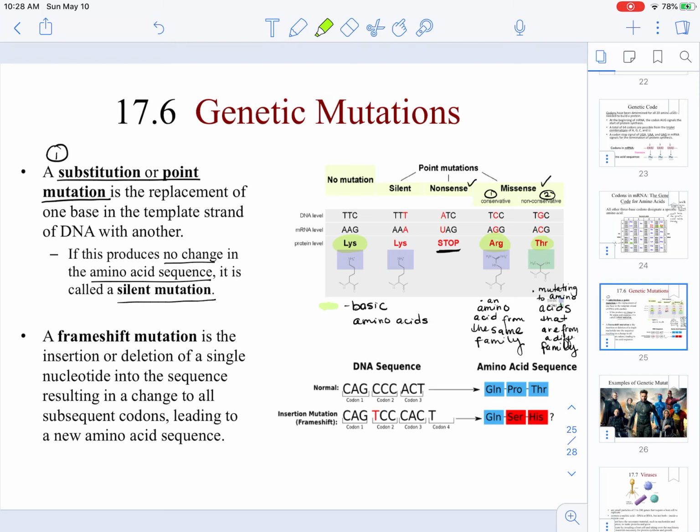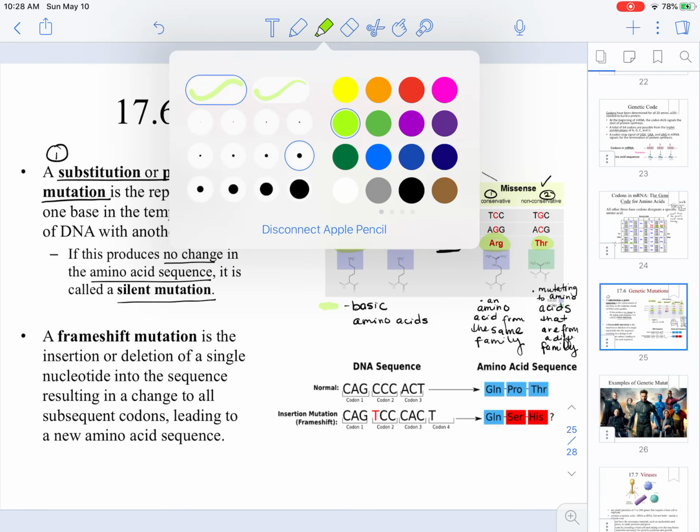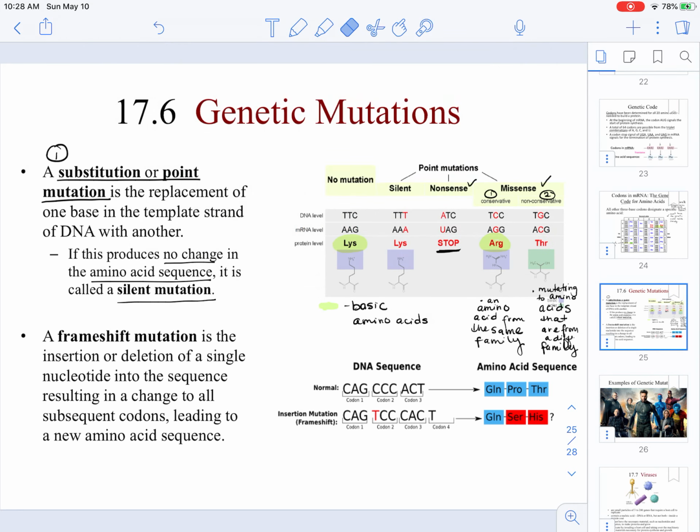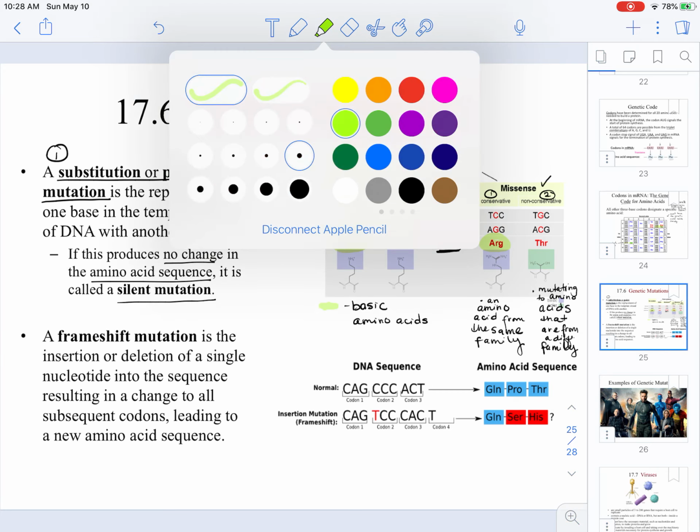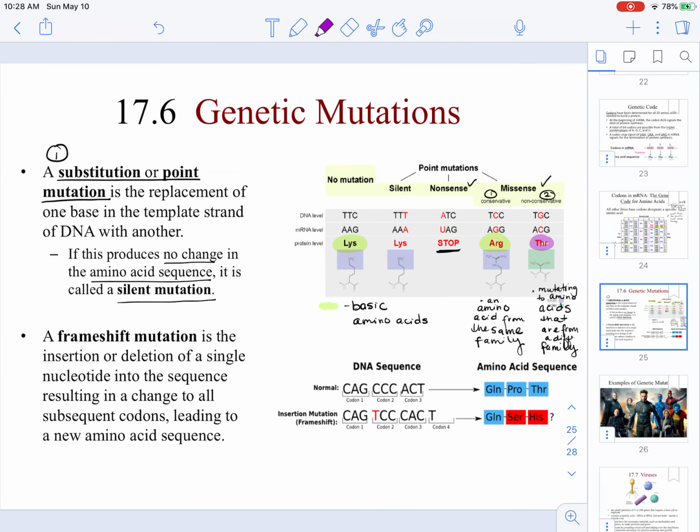And tyrosine, remember, is a polar amino acid. Let me highlight that in a different color to make it easier. When we compare tyrosine to the original amino acid, we now have the exchange from a basic amino acid to a polar amino acid.